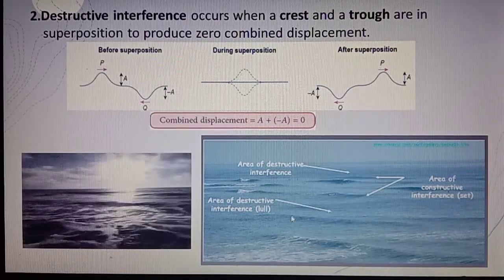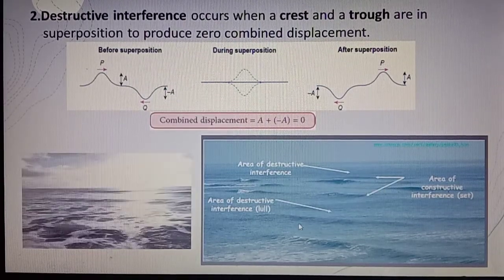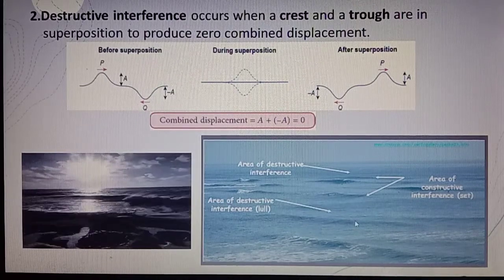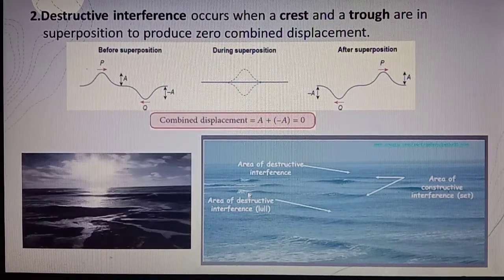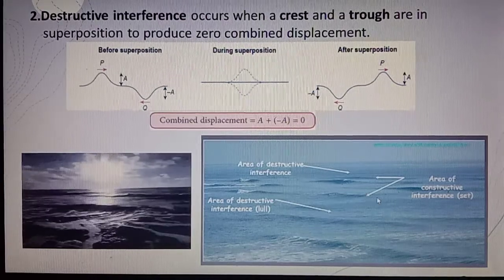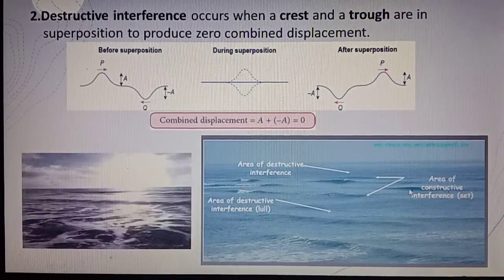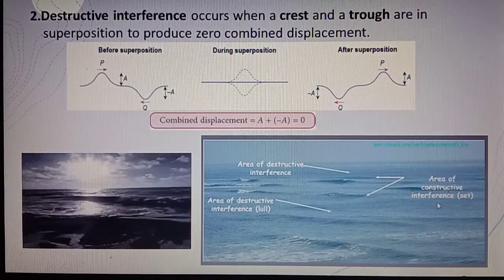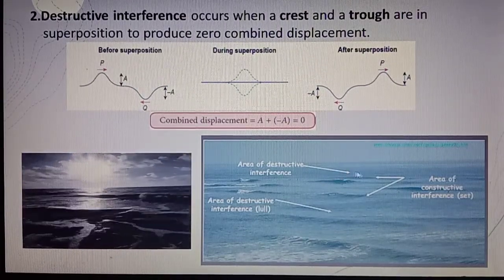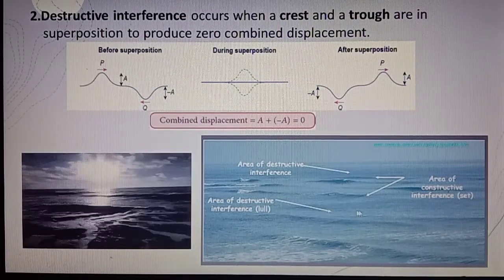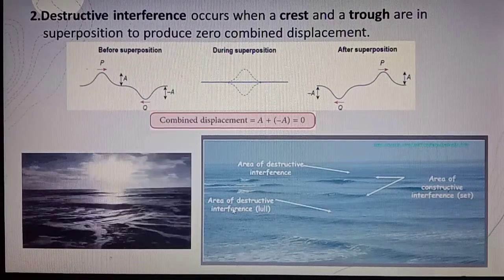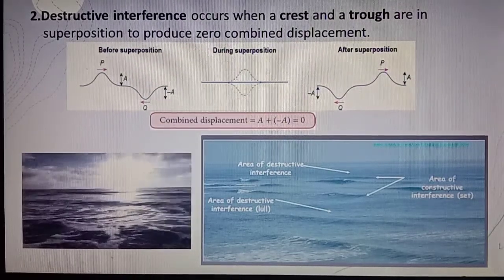The area of constructive is wavy, and the wave is quite higher. That will be constructive interference. Higher amplitude is the area of constructive. Where the surface of water becomes static or calmer, we call it destructive interference.